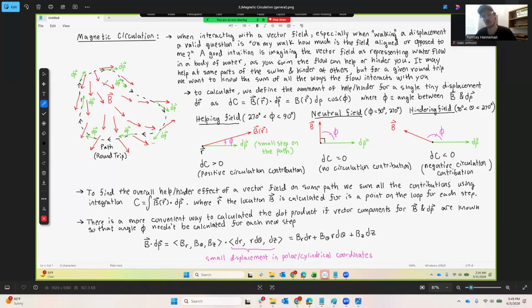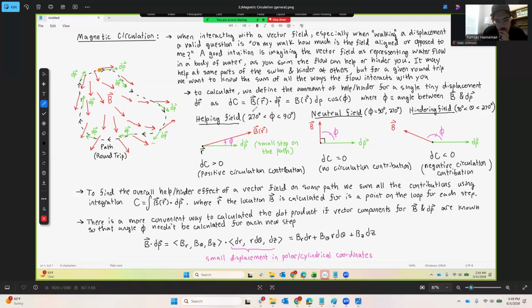So if you've got your magnetic field indicated with the red arrows, and you're walking a path indicated by the dashed line, we're going to walk a round trip. At each point, we're really asking the question, how much is the magnetic field pointed in my direction of travel? We figure that out using the dot product, which represents figuring out how much of something is parallel to you.